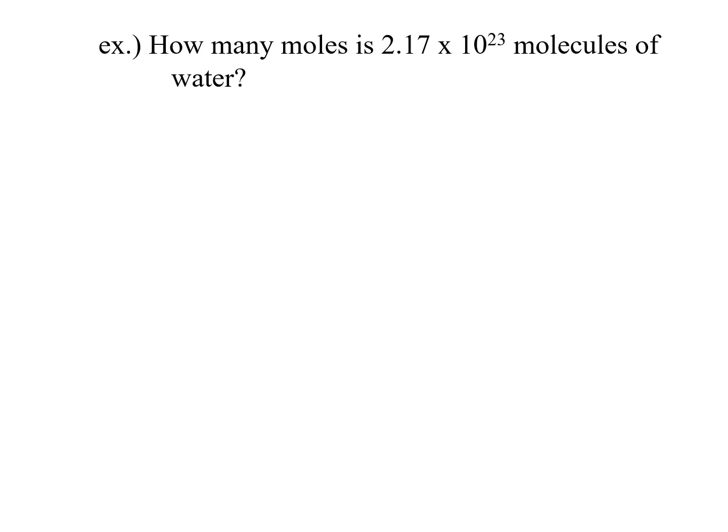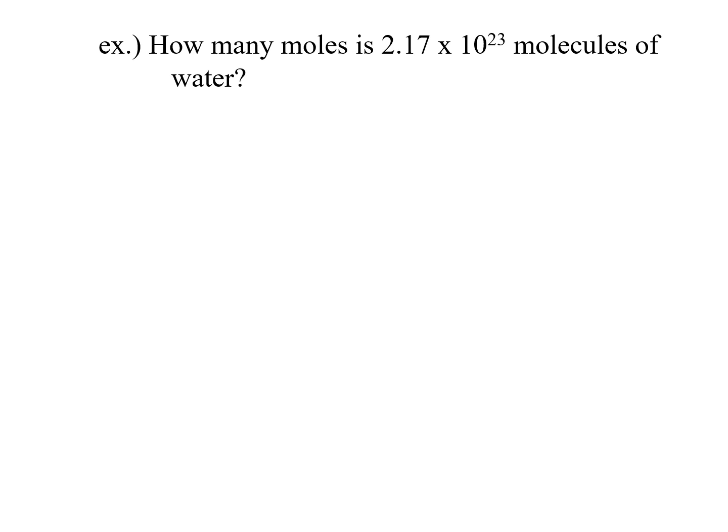Okay, so let's try another one of these. This time, I want you to try to do this. And hopefully you have better luck on your math than I was doing, because I was trying to do this in my head. All right, so it says how many moles are in 2.17 times 10 to the 23rd molecules of water? Okay. So here's what I want you to do.